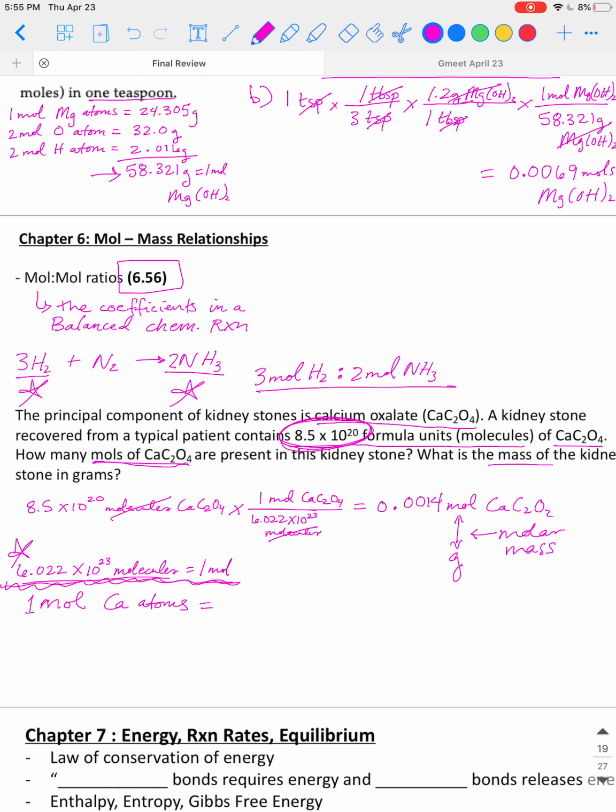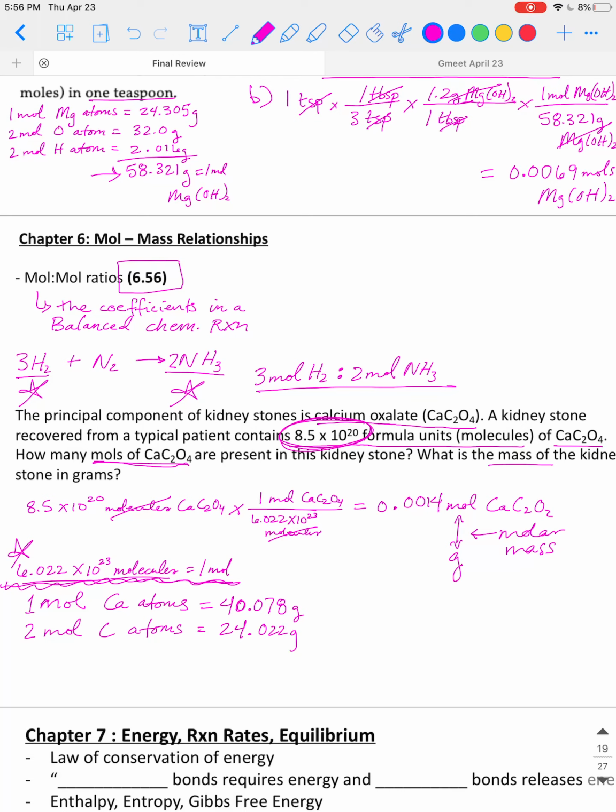And I'm going to draw a wavy line because we're working beneath this here. If we look at the periodic table, which you will have for the exam, that weighs 40.078 grams.